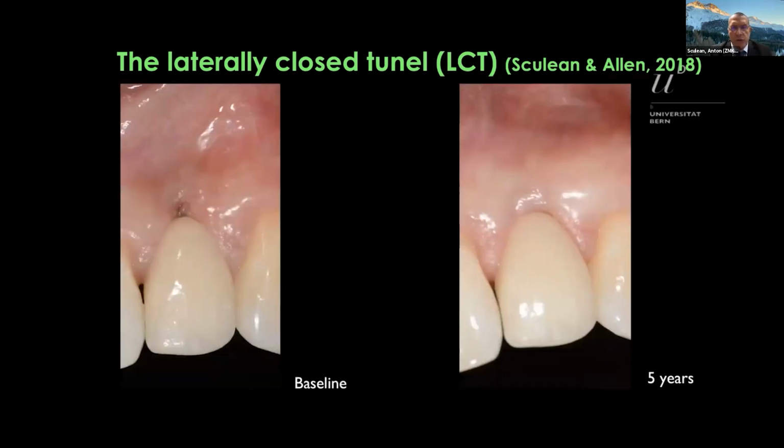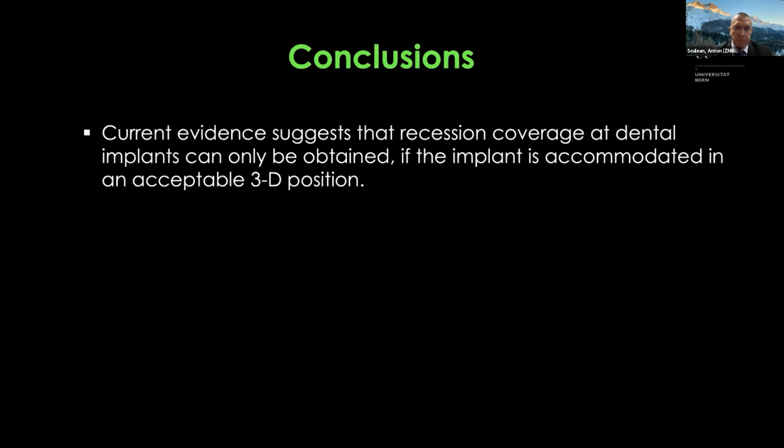So when we look at our outcome, the outcome is stable. I was able to regenerate the soft tissues. The aesthetic appearance is, of course, also better, but most importantly, I was able to close this entrance for the bacteria. So let me come to some conclusions.